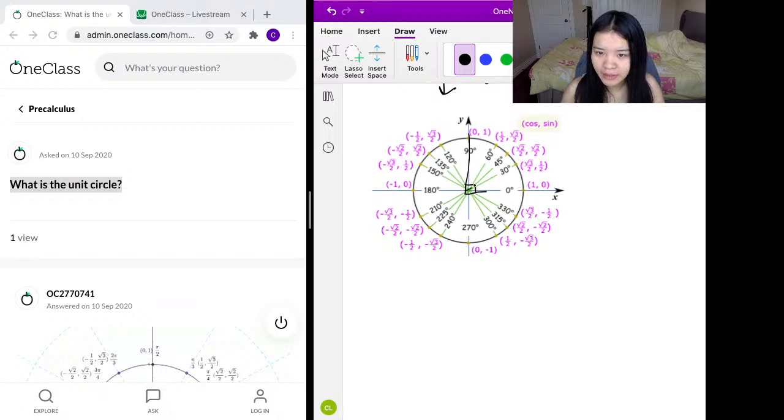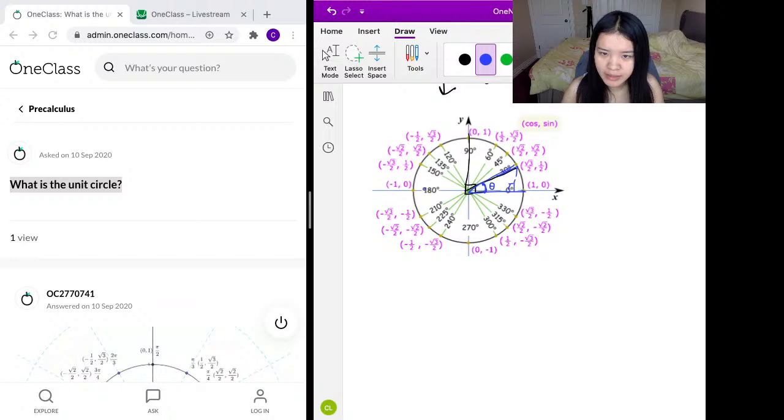If the angle is 30 degrees, so here this theta would be 30 degrees, the value of cosine will be √3/2, and the value of sine would be 1/2.